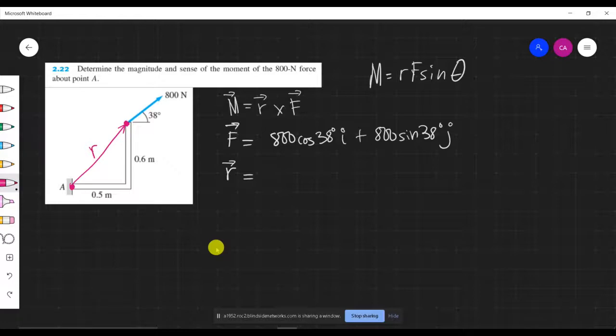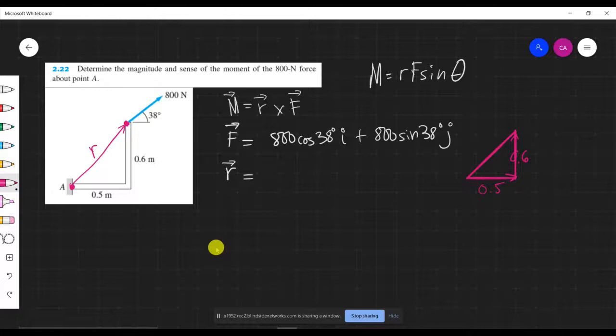So, mapapansin natin na yung vector R ay may triangle na pag ganito. Okay? So, may triangle siya na pag ganyan, which is yung ilalim is 0.5 at taas ay 0.6. So, ibig sabihin nun, for you to have the distance vector R, you need to move to the right 0.5, move upward 0.6.